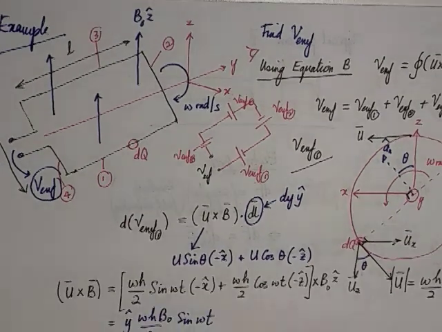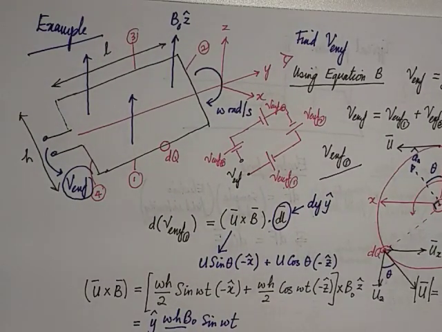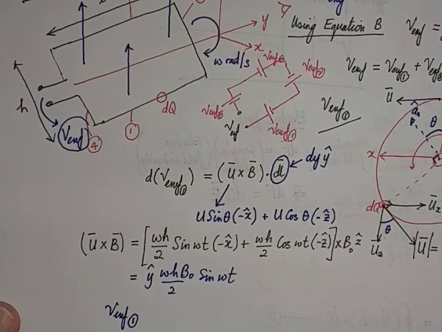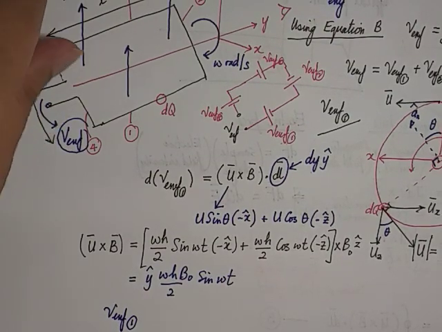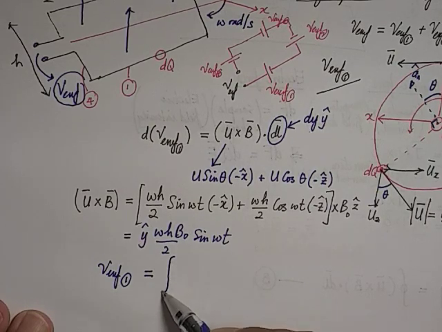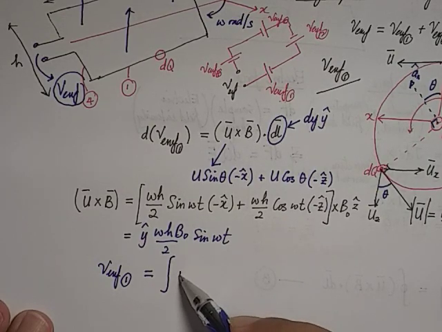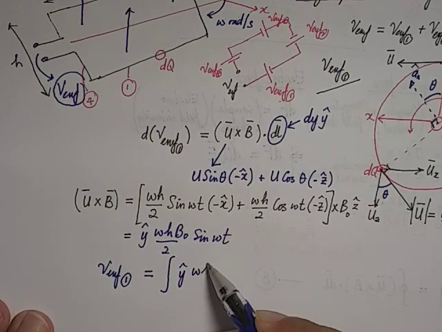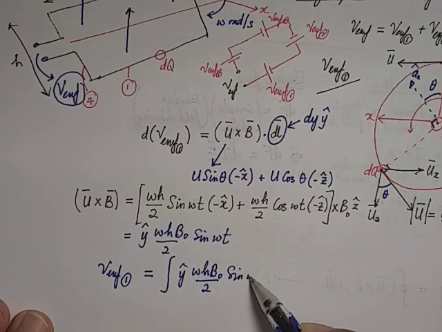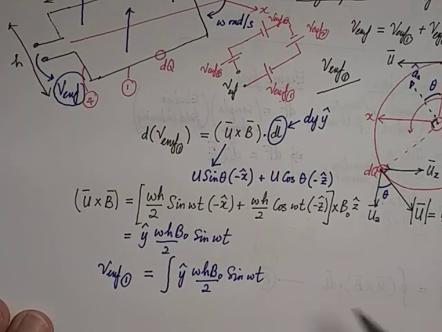So now what we're going to state is that VEMF number 1 is going to be equal to the integration of u cross b, which is omega h b naught over 2 sine omega t, dot product with dy y.